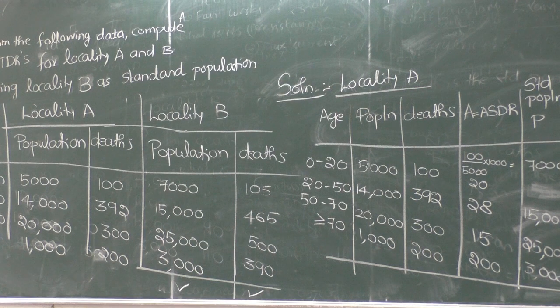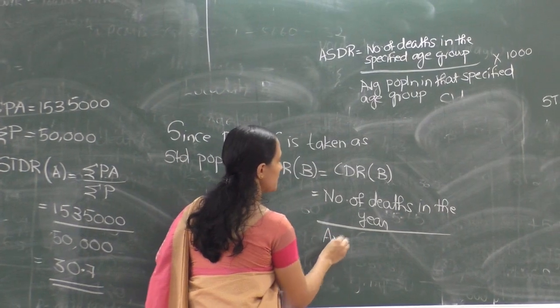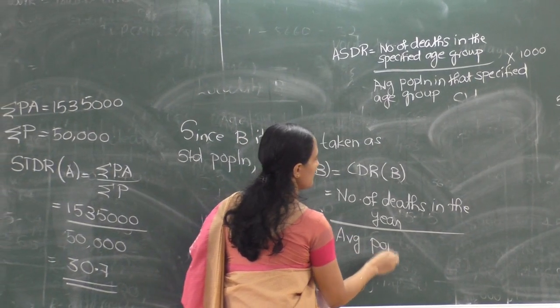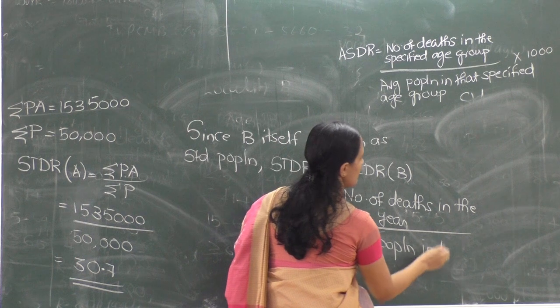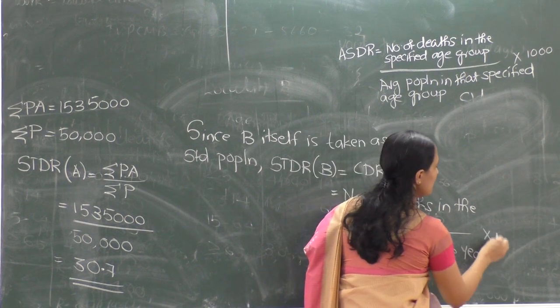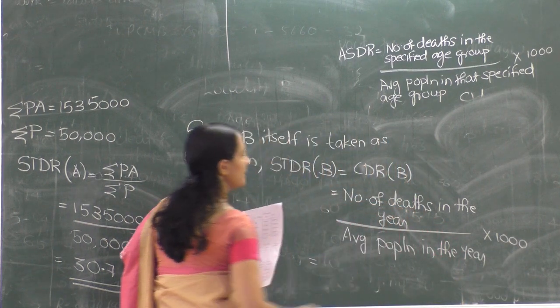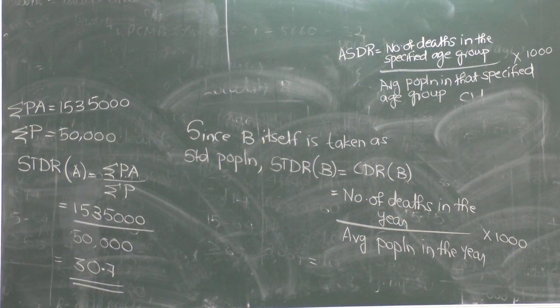Number of deaths occurring in the year divided by average population in the year into 1000.